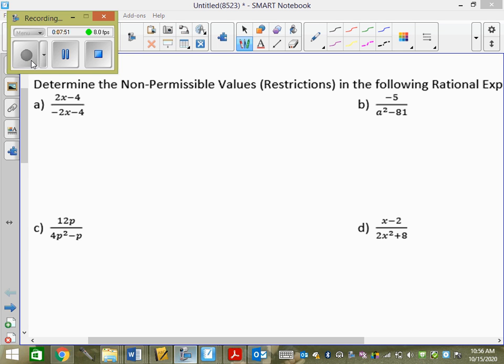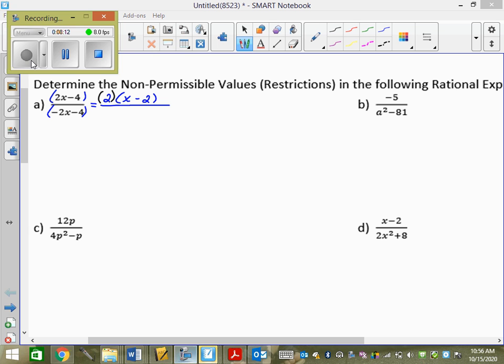So on the top, on A, I could take out a 2. And then I'm left with x minus 2. And then remember I told you, put that 2 in brackets as well. So I always start with these in brackets because they're attached by a plus or minus sign.